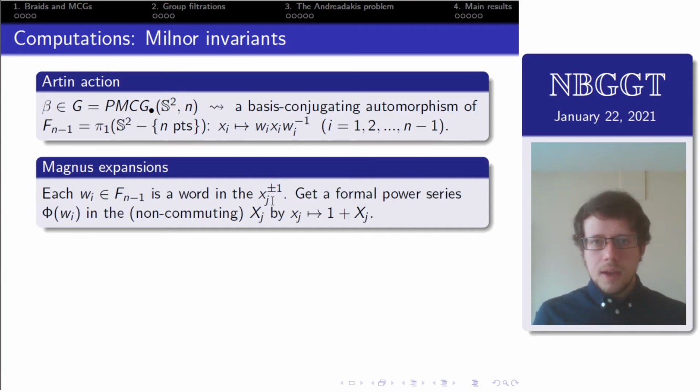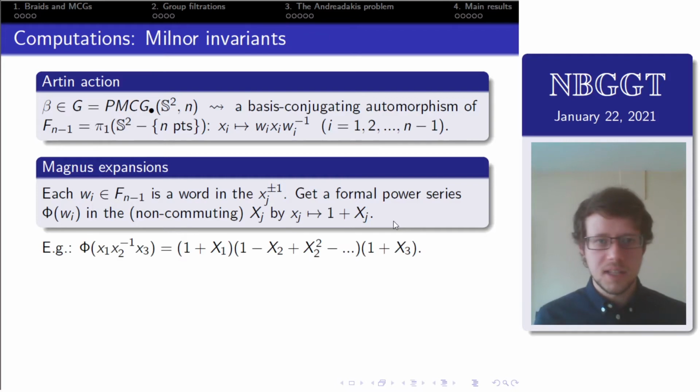From this I will get a formal power series in some non-commuting variables big Xj, just by replacing these little xj by 1 plus big Xj, and their inverses will get replaced by the inverses of these formal power series. So let me give an example of that.